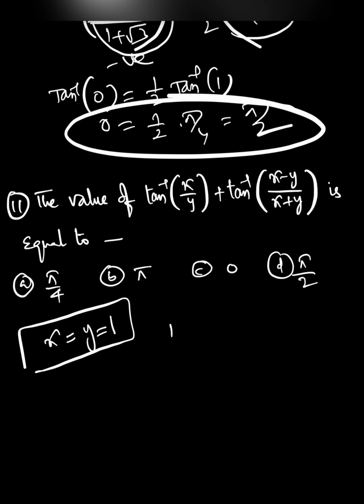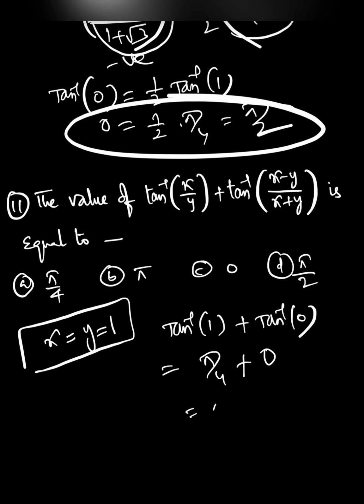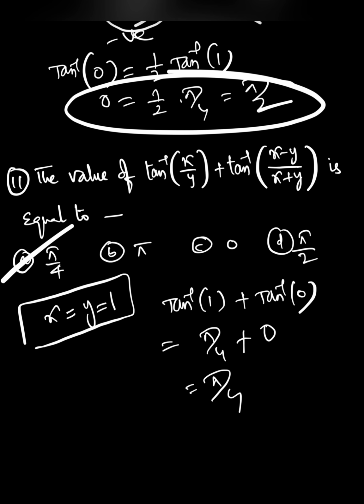Then tan inverse of 1 plus tan inverse of 0. Tan inverse of 1 is pi by 4, plus tan inverse of 0, which is 0. So the answer is pi by 4. Straight away, without solving the question, we get the answer, right?